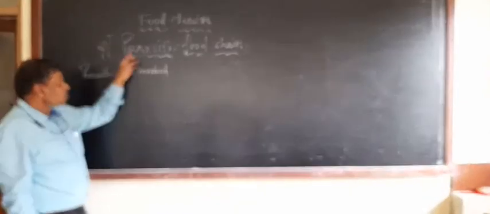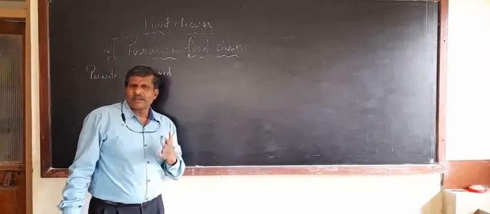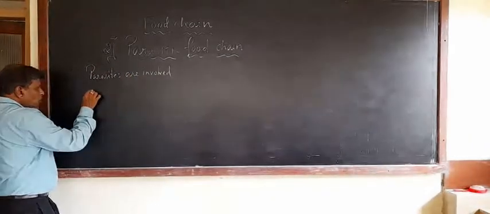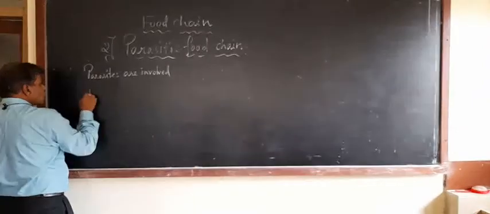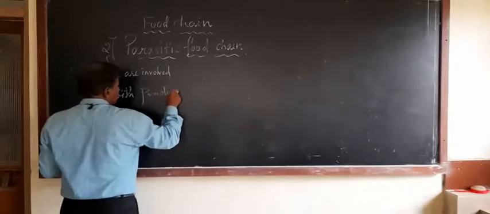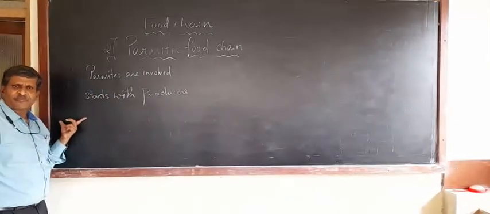Because of that reason, we refer to it as parasitic food chain. And another important thing that you must remember here is, even this food chain also starts with the producers.